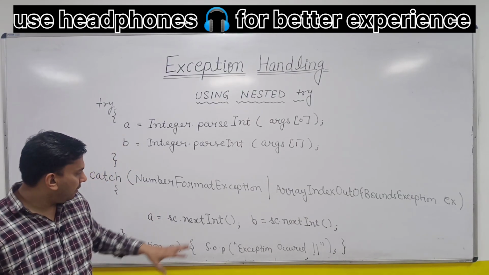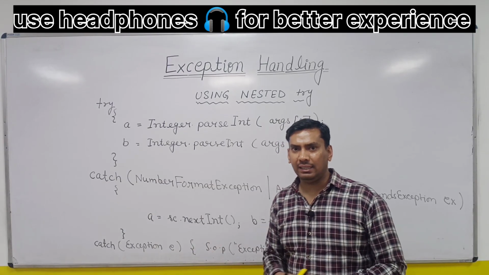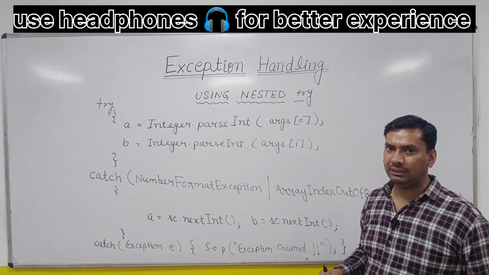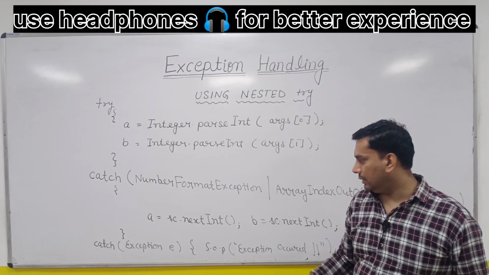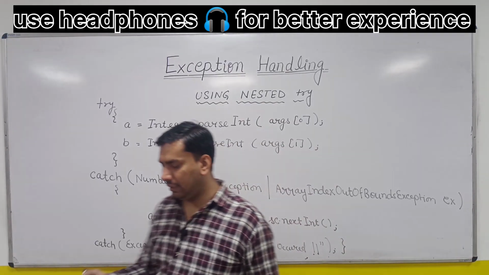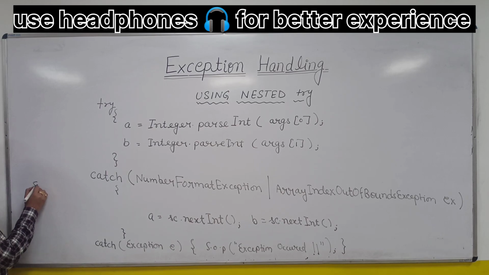But whenever you are reading the input from the scanner class, again there are chances of exception. Let's say you write here, okay, re-enter the two integers, and still I enter some wrong value. Maybe at runtime I have entered 5.9 and maybe ABC.